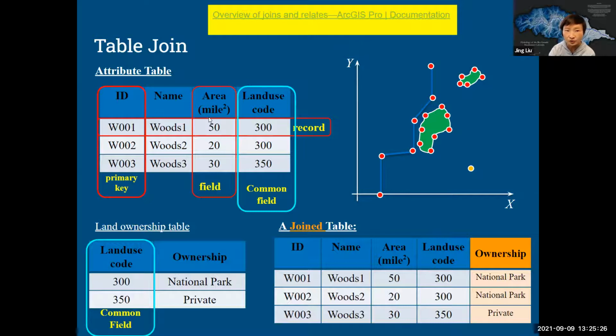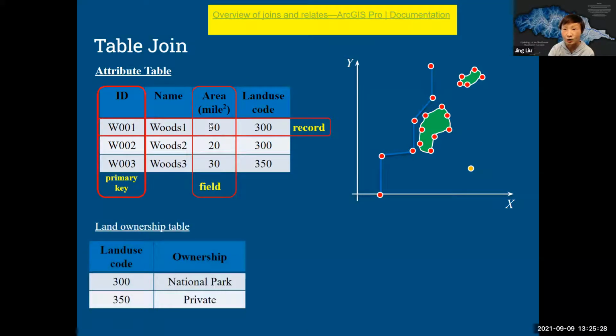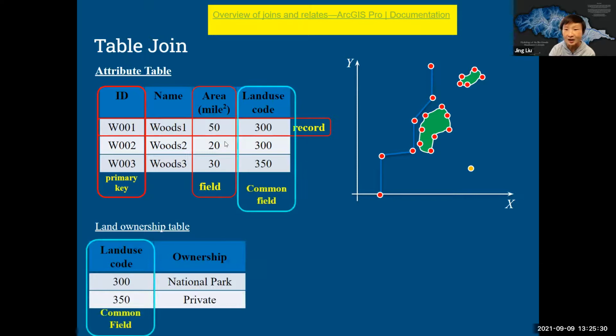How do we bring those two tables together? We are going to rely on the common field. So what is a common field? A common field does not necessarily have to be IDs. It can be a normal attribute column, but the information is shared across tables.